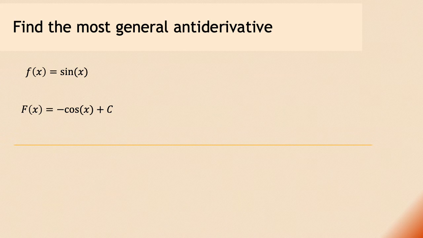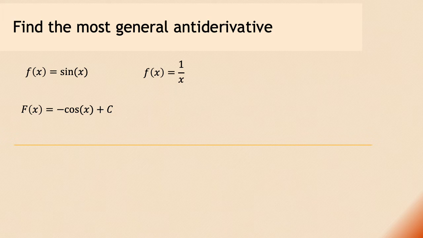So we have to have negative cosine of x in order to get the derivative sine of x. So negative cosine of x is the antiderivative of sine of x, and to make it the most general, we're going to add an arbitrary constant. Because remember, when you take the derivative of any constant, you're going to get 0. So that c could be any number, anywhere, anytime, anyhow.